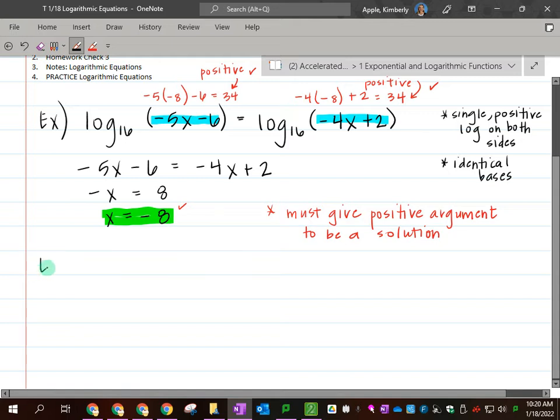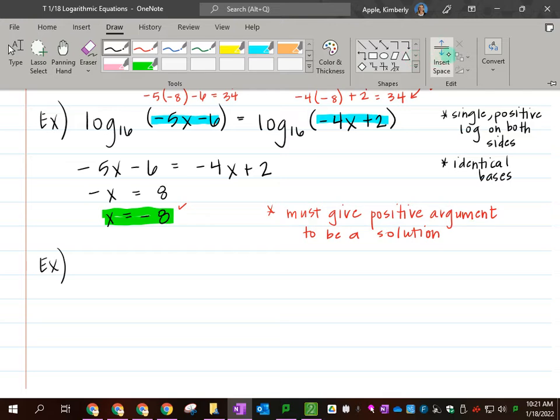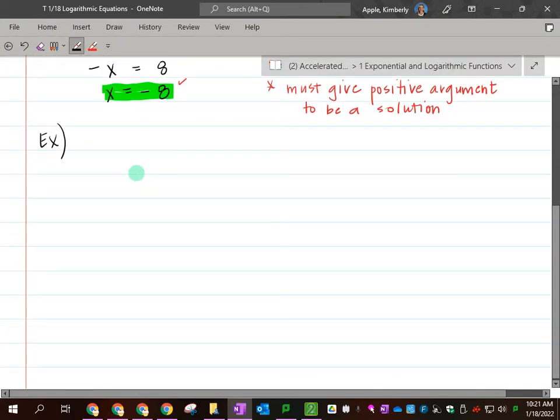Let's do another one. Example again. Let me move up here. Example number 2. So this will be log base 15 of 3x equals log base 15 of negative 5x minus 7.